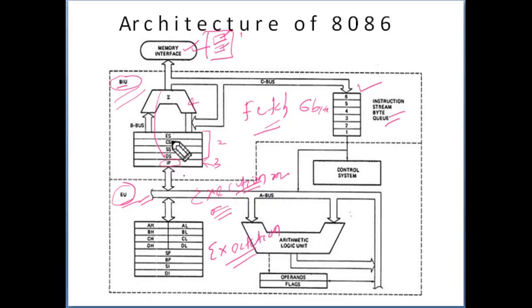Let's say in the memory the code segment size is 64 KB. The code segment register cannot hold 64 KB, but it can hold the base address, which is 16 bit in size.